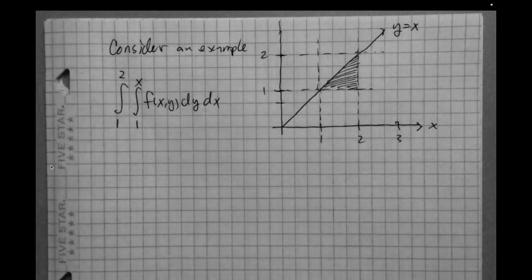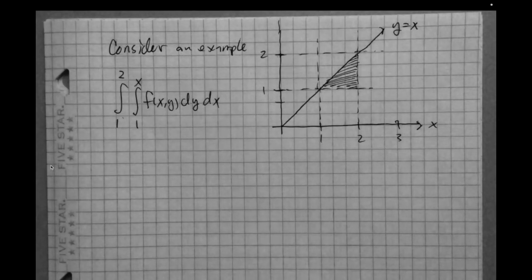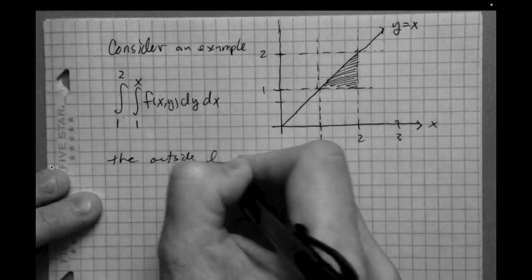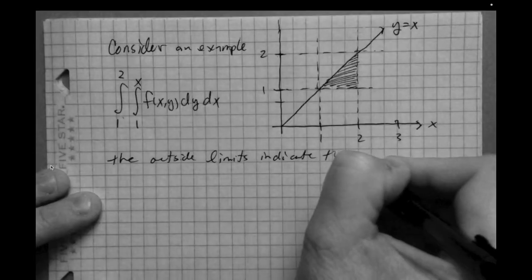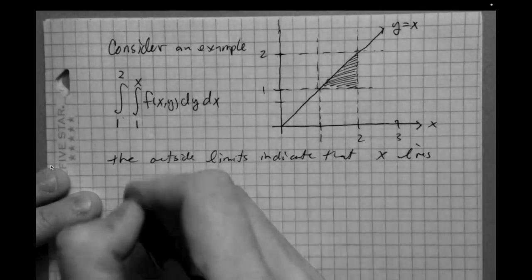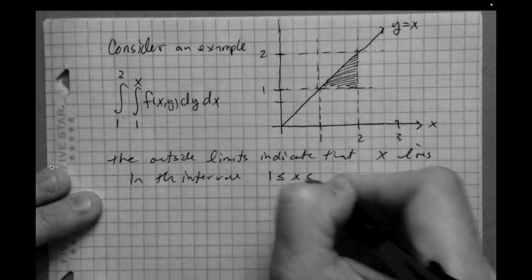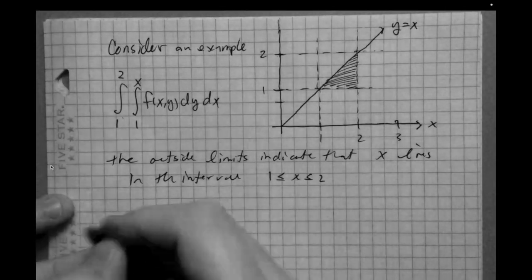The outside limits, namely the 1 and 2, indicate that x lies in the interval between 1 and 2.